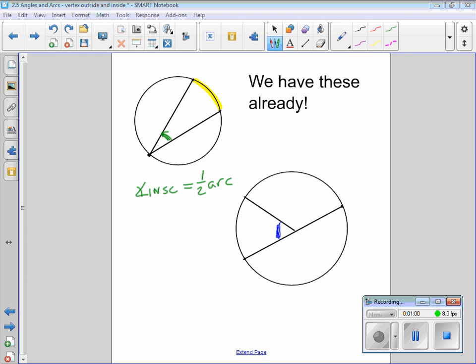Then over here on the right-hand side, we have a central angle. The angle's vertex is at the center, and the angle and the arc are the same. If you did not put those in your formula sheet last time, make sure you put those in this time. Let's move on to the new material.